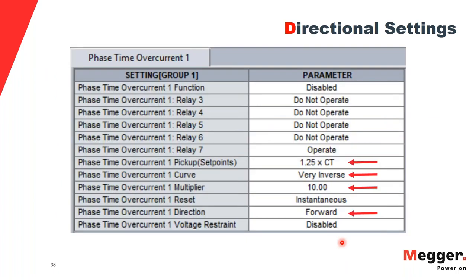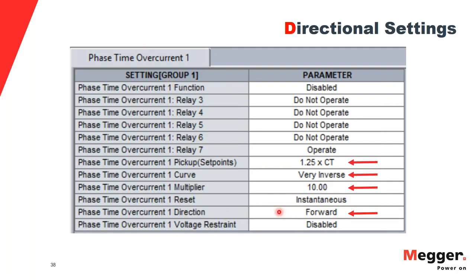This is the time overcurrent setting of that relay: 1.25 times the secondary CT nominal as the pickup point. The time dial on this relay is 10, and it follows a very inverse time overcurrent curve. The directionality for operation is set in the phase time overcurrent settings.